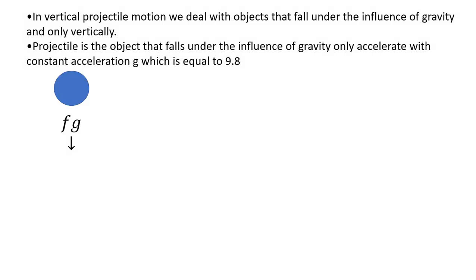One thing I'd like you to take note of is that our gravitational acceleration will always be negative 9.8. The reason being, our force of gravity always acts downwards. It doesn't matter if the object is going up or down.